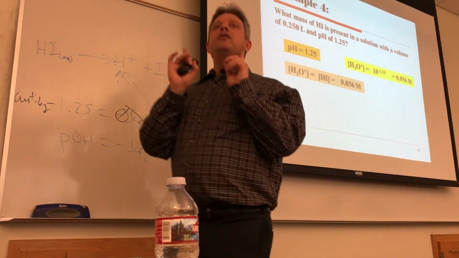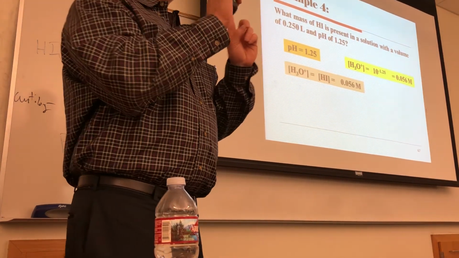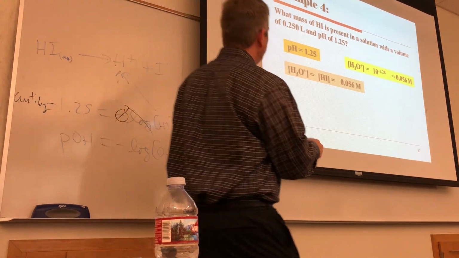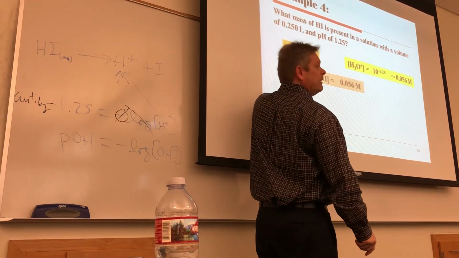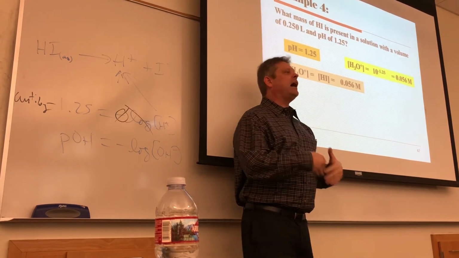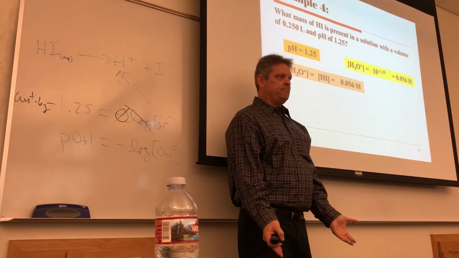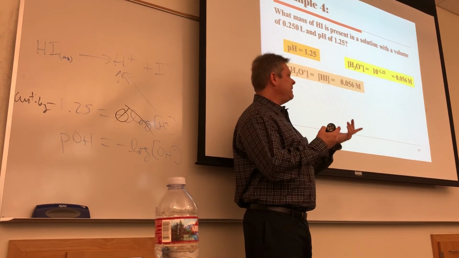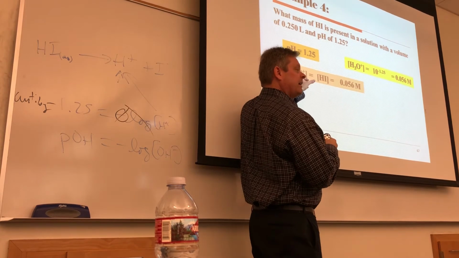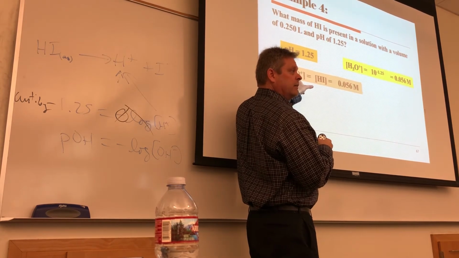Just so everybody knows this, maybe I didn't say this, maybe I did last week, maybe I didn't, but make this clear. When you see a formula in these brackets, that means it's a concentration. So anytime you see these brackets, this is a concentration inside of here.